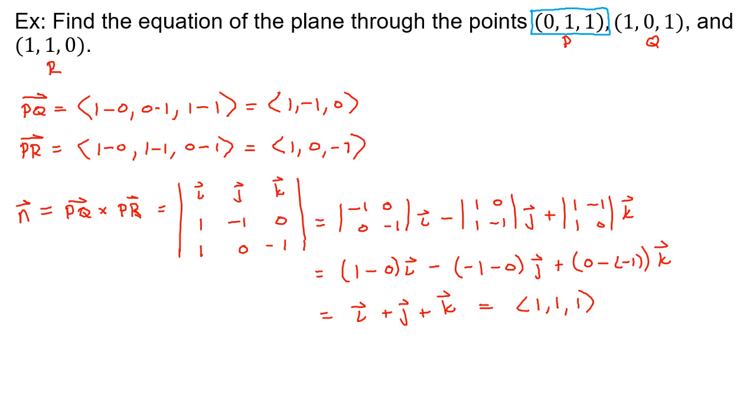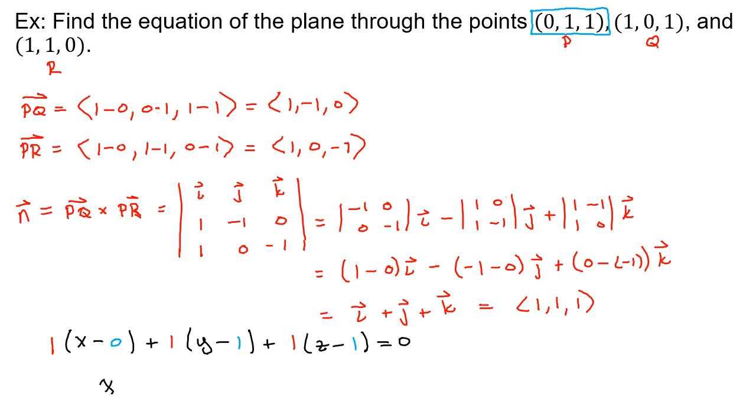I'm going to get the 1 from the vector times x minus 0 from the point, plus the 1 from the vector times y minus the 1 from the point, plus 1 from the vector times z minus 1 from the point, equals 0.